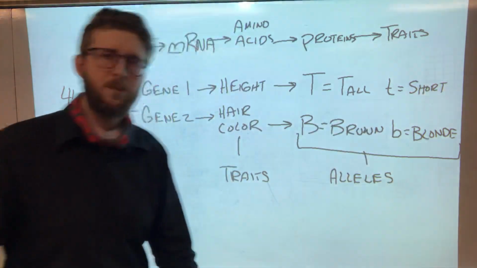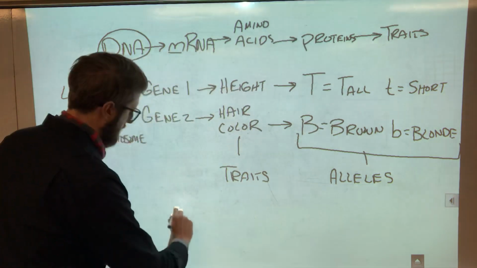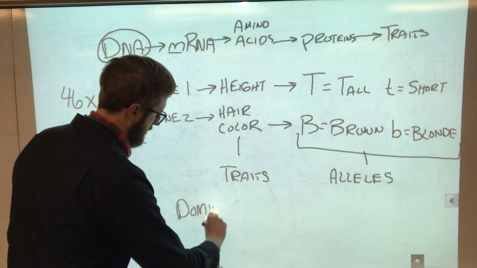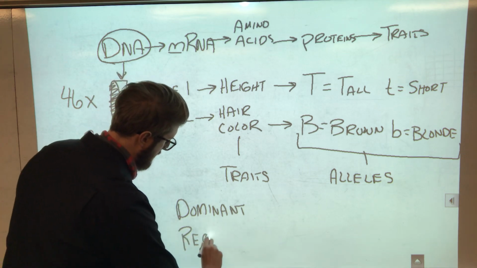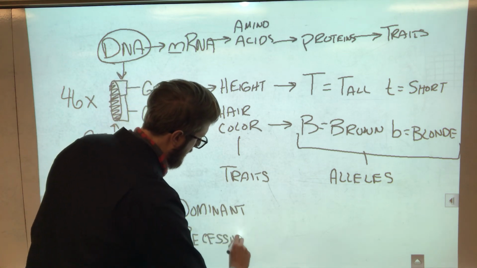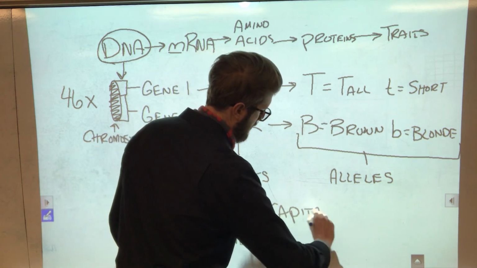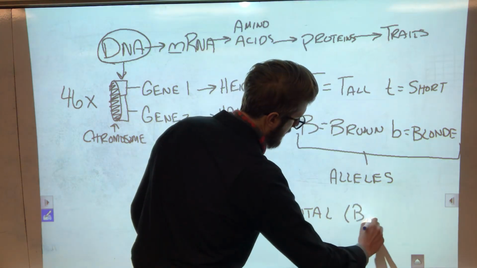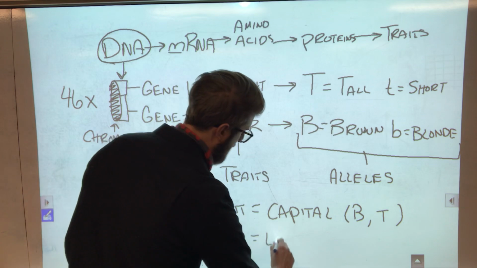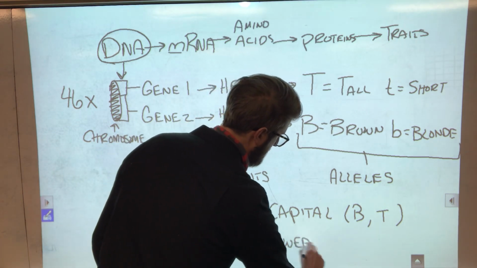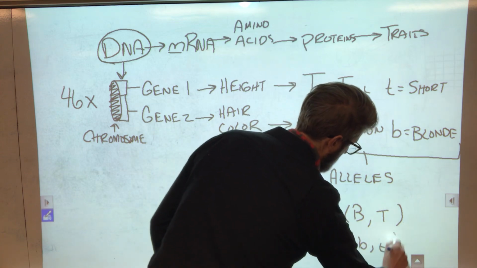That's because alleles can be what we call dominant or recessive. So dominant is the capital, like big B and big T. Recessive are the lowercase, which are like little b and little t.